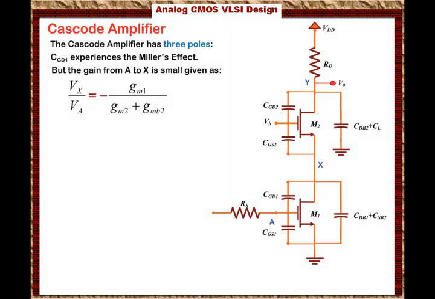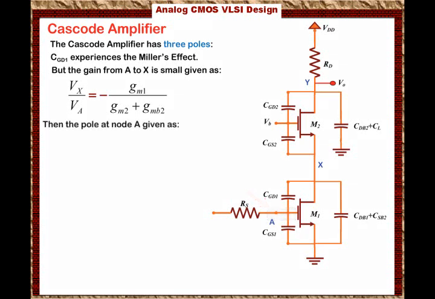Then we can calculate the pole at node A. To calculate the pole at node A, what we have to do is find the equivalent resistance and find the equivalent capacitance. The equivalent resistance at node A is very easy. It's basically Rs, because looking into the transistor there is infinite resistance, and looking on the other side there is only Rs. But we have two capacitances at node A. One is CGS1 and the other one is the Miller effect of CGD1.